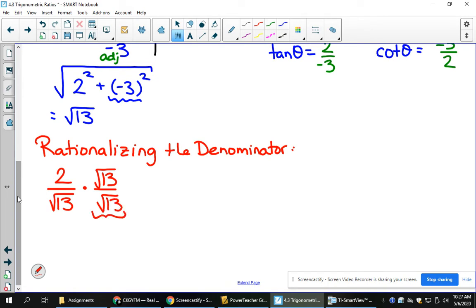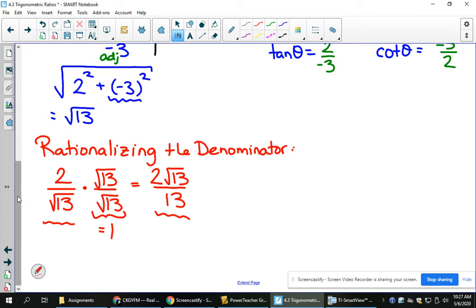Because anything divided by itself is equal to 1. And when I multiply something by 1, it doesn't change the value. So I'm going to get something that looks different, but is actually the same number. If you put the answer and the question in your calculator, you will get the same decimal.